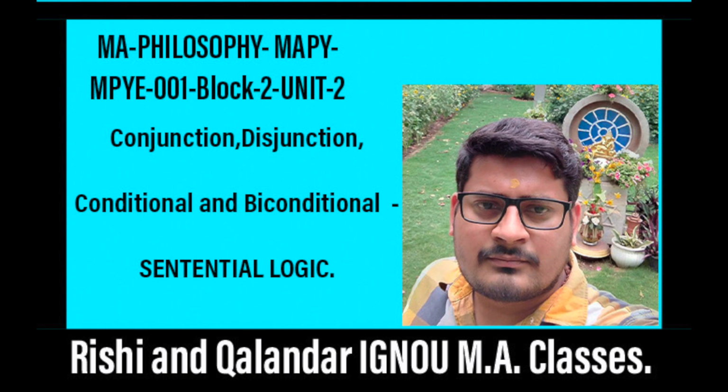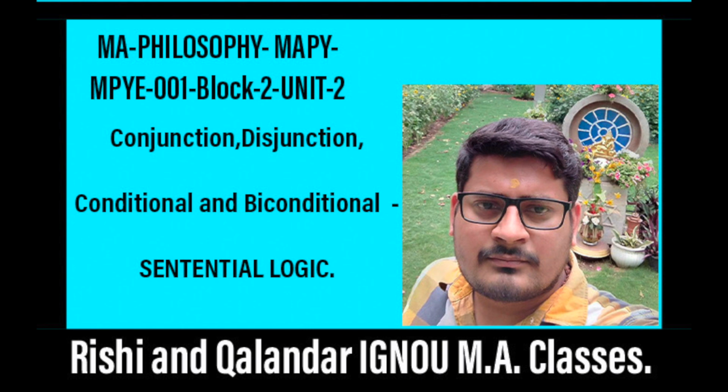In all cases, assume that P is 1 and Q is 0. A. (P ⊃ Q) v P = (1 ⊃ 0) v 1 = 0 v 1 = 1.